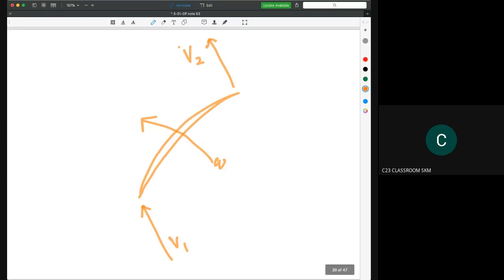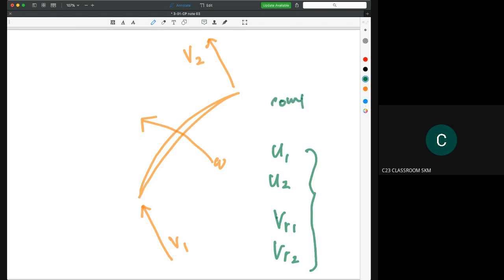VR1 and VR2, and also U1 and U2, these four velocities are component velocities. So U1 and VR1, U2 and VR2 are imaginary velocities.